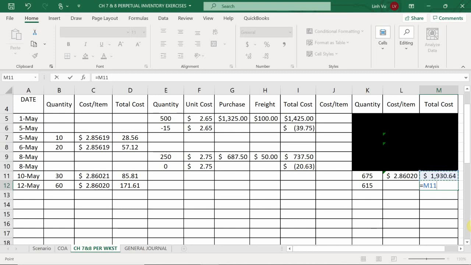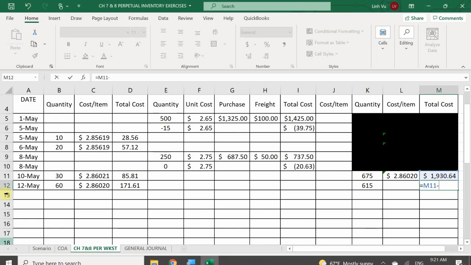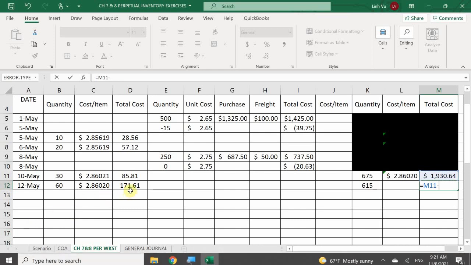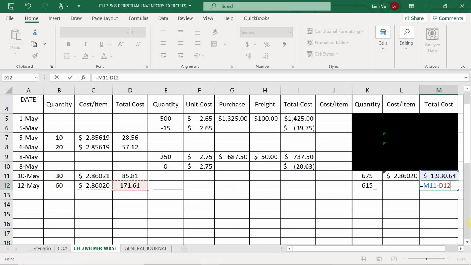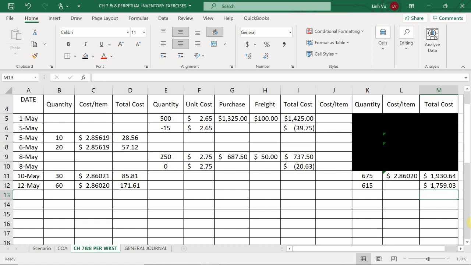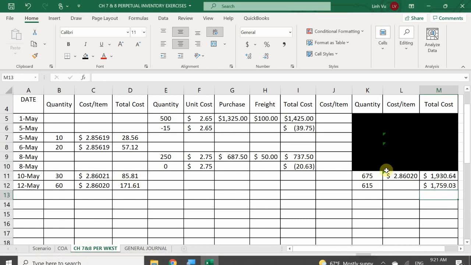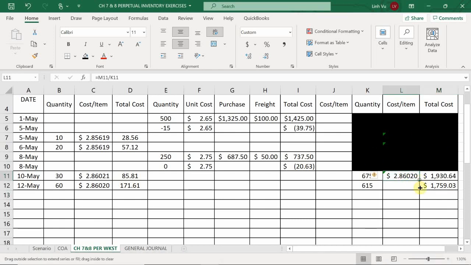Okay. 1930.64, and I sold 171.61. So how much should I have left in my total cost? 1759.03. Good. So that brings my average cost per item to roughly the same price.